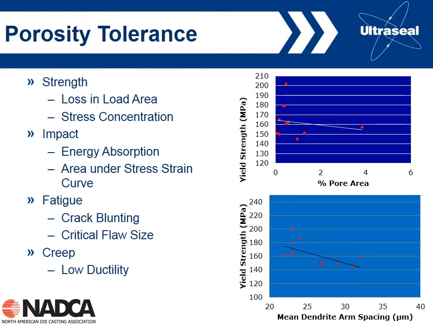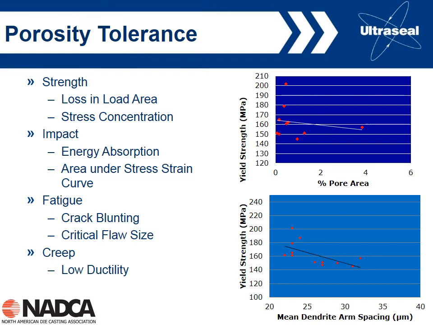With yield strength, the loss in strength with porosity is basically related to the reduction in the load area. So for example, if I have 5% porosity, I've got 5% less area of the casting over which to distribute the load.